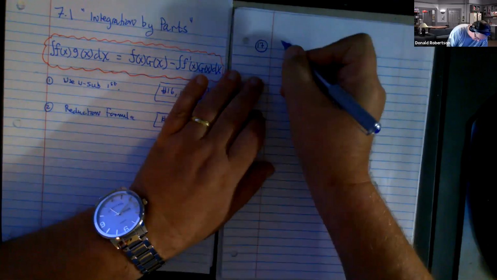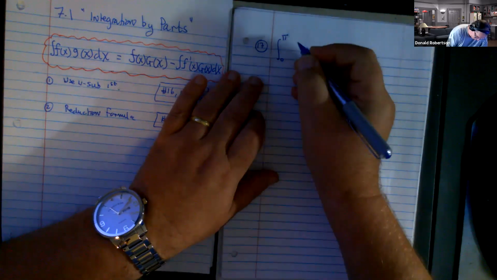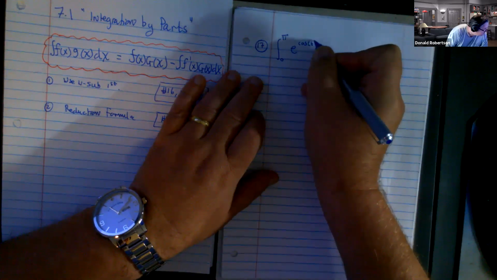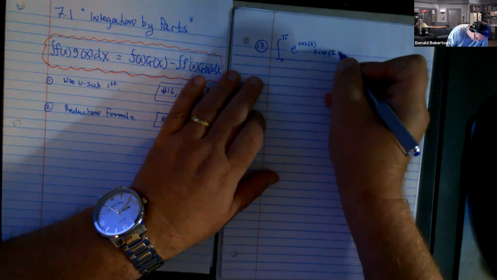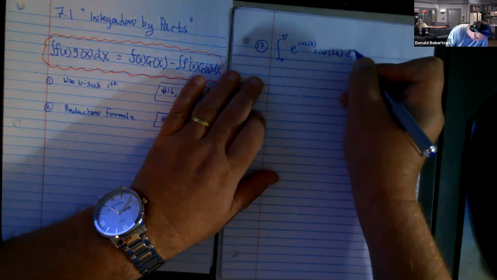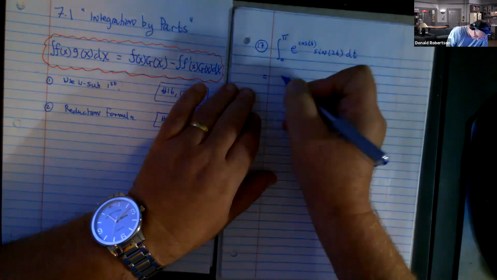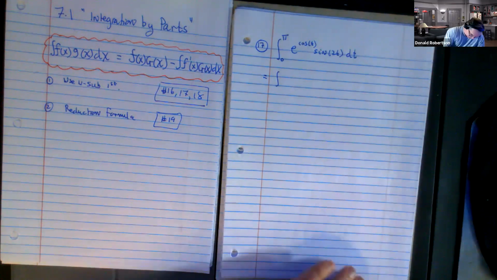And this is going to be the integral from 0 to pi. And let's just ignore the 0 to pi for the time being. We are being asked to do a u sub.